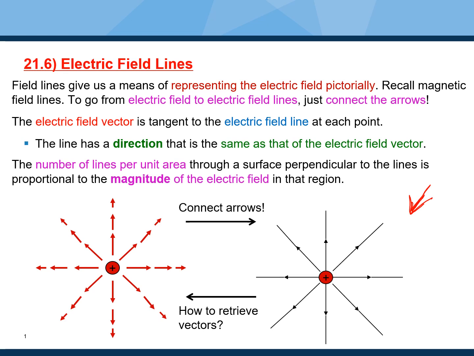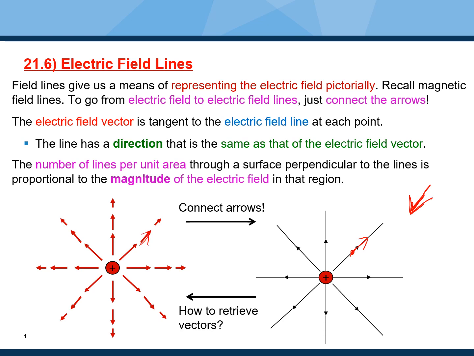Notice that the electric field is a vector, and we want some strategy to take the picture in the right lower panel and retrieve from it some insight about the electric field itself. By scanning these two pictures, it's easy to see that the tangent line at any location on an electric field line gives us the electric field at that location.